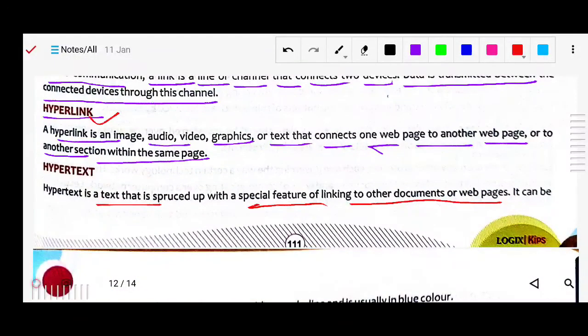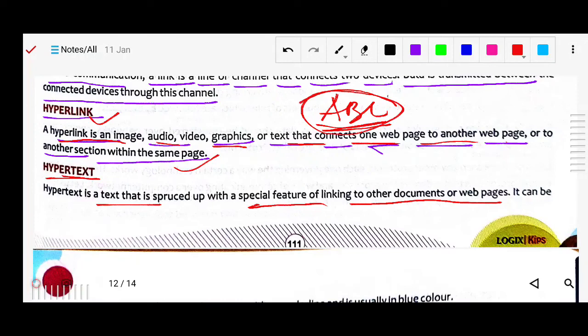Hyperlink means a link that is an image, audio, or video that connects one page to another page. This is also connecting, but what does hypertext mean? See here, A, B, C, anything is written and it is highlighted. Altogether it is a link, a hyperlink, connecting one page to another.